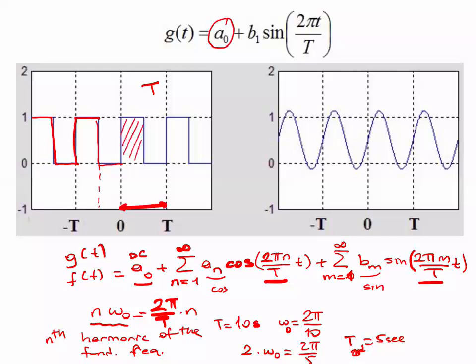This is T over 2, and this is 1. The area under the curve is 1 times T over 2, and we divide it by T to obtain the average signal, okay? The DC component is the average signal, and we get 1 over 2 as our average.